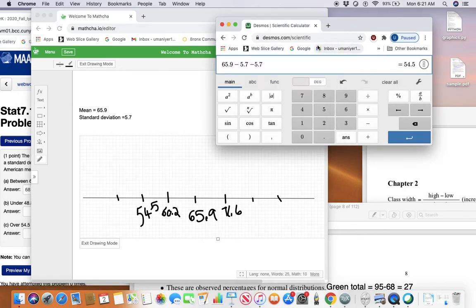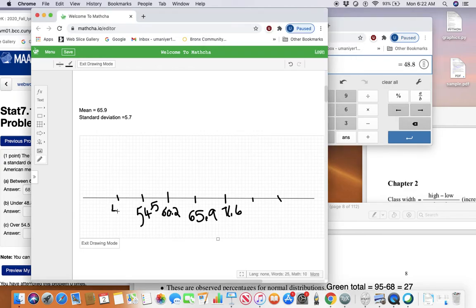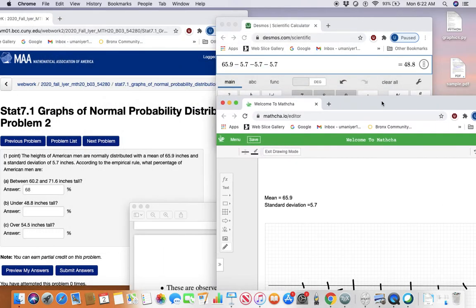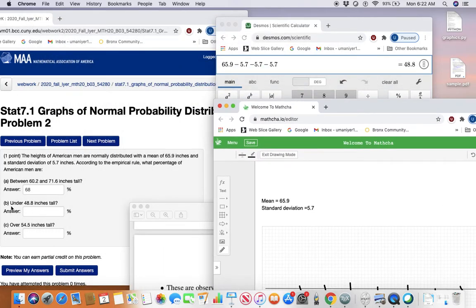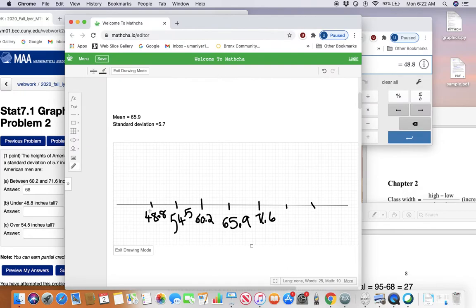And if I subtract one more standard deviation, I get 48.8. So the question wants you to be under 48.8, that is, in this region.